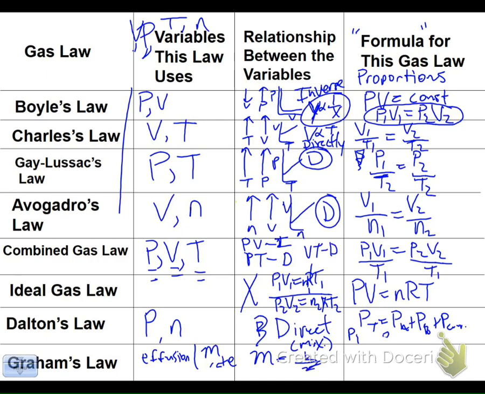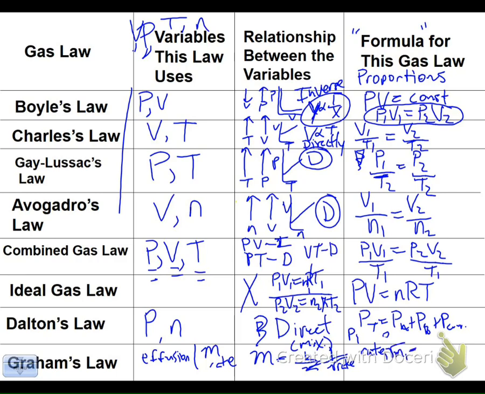So let me try this again. I'm running out of space here. So it's 1 over the square root of rate. Or you can write it vice versa. I'm just going to give you the Graham's law formula here, and we're going to explore this in the next video. So Graham's law is that rate 1 times the square root of molar mass 1.